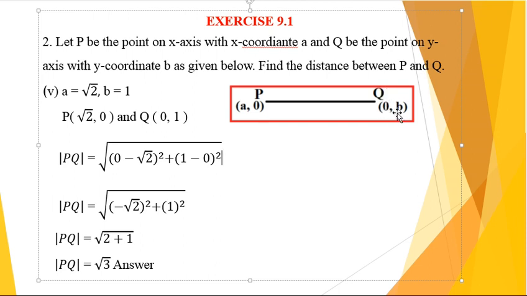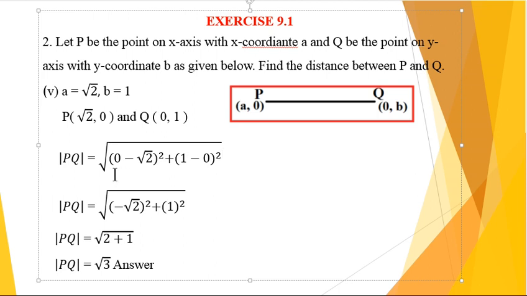So the x coordinate will be 0 and the y coordinate is given to you, it is B, and the values of A and B are given to you. This is part number 5 of the question. The value of A is square root of 2 and the value of B is 1. So it means your point P is (square root of 2, 0), and point Q is (0, 1).